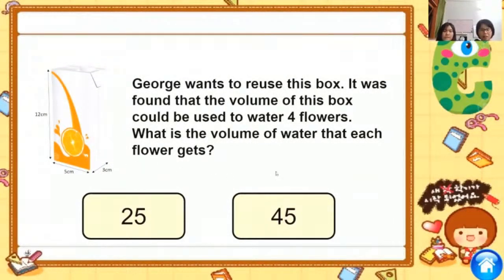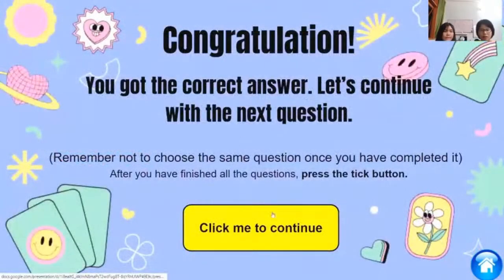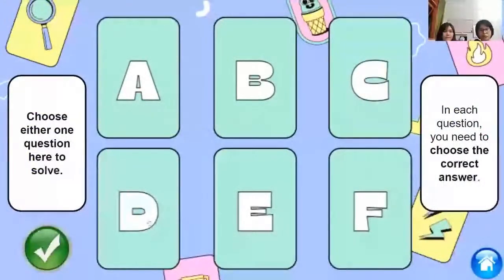So the correct answer would be 45. Each flower will get 45 milliliters of water. Students can click on this yellow icon to continue, and they will reach back to this question page.